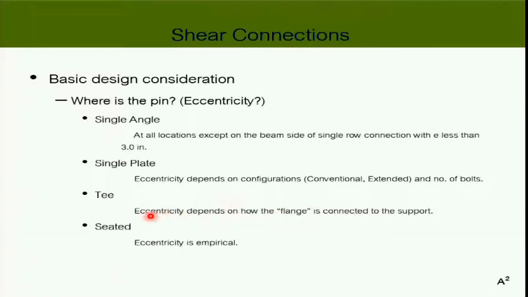But again, you may find yourself using it because it is one of the not many options that we can use to connect the steel beam to the existing structure, such as concrete. Okay? And then the seat connection, the eccentricity is empirical, but we need to consider it, yes.